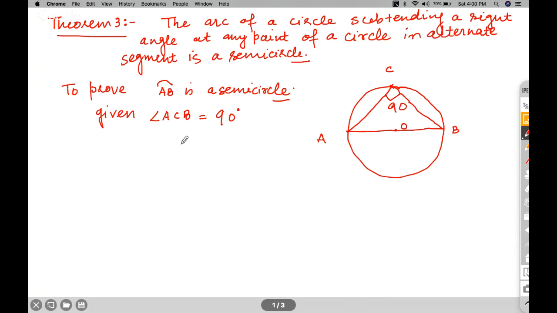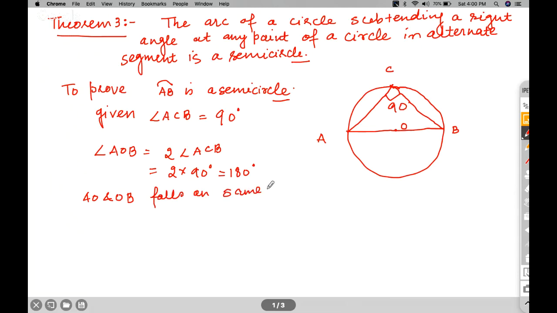So what I'll do, I'll find the angle opposite of this. AOB would be equal to 2 times angle ACB. So 2 into 90 degrees, which is equal to 180 degrees. After this, I just have to write that AO and OB fall on the same line AB. That's when the angle would be 180 degrees.